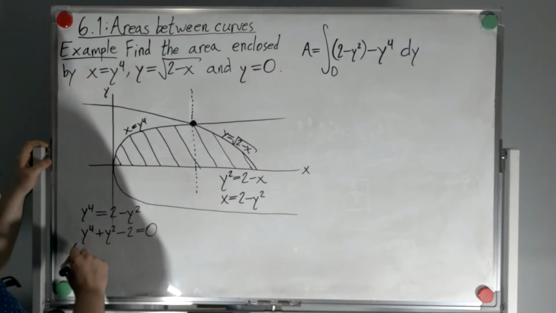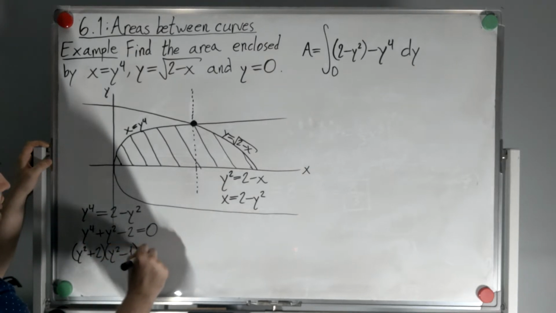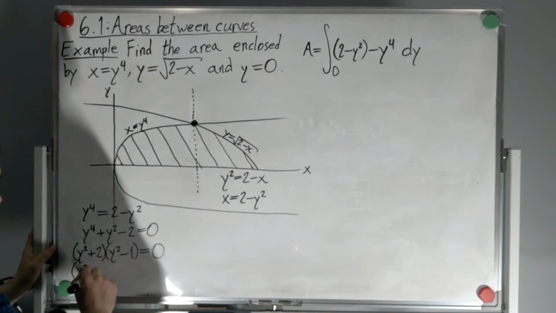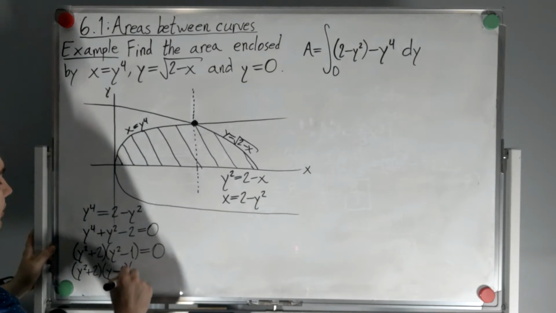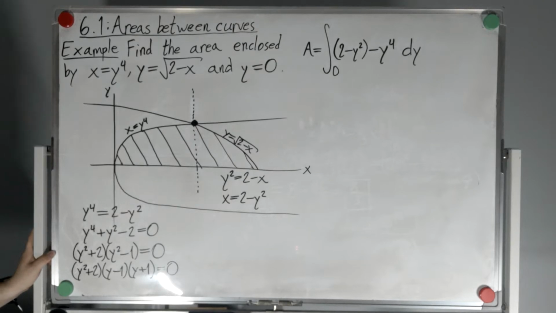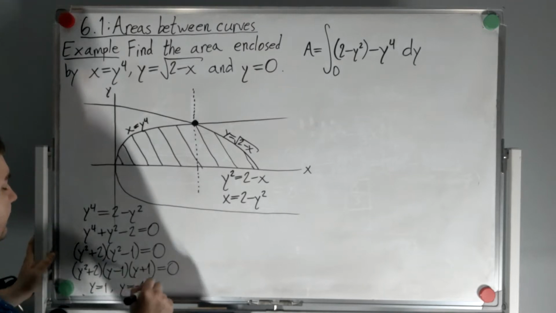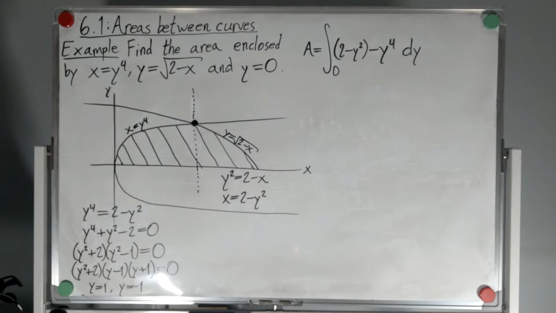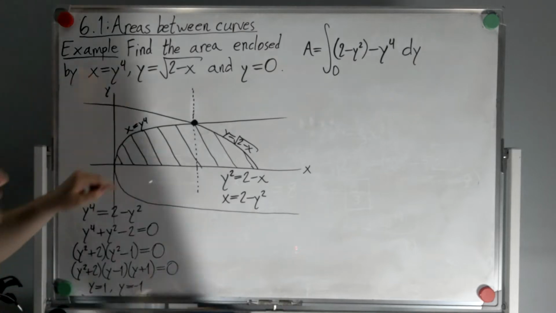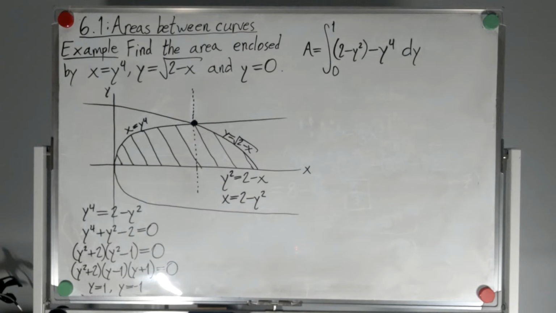You can factor that as (y squared plus 2)(y squared minus 1) equals 0. And then that can be factored as (y squared plus 2)(y minus 1)(y plus 1) equals 0. We get two solutions here, y equals 1 and y equals negative 1. Naturally, this point right here would be where y equals 1, so our integral is going to go from 0 to 1. Okay?